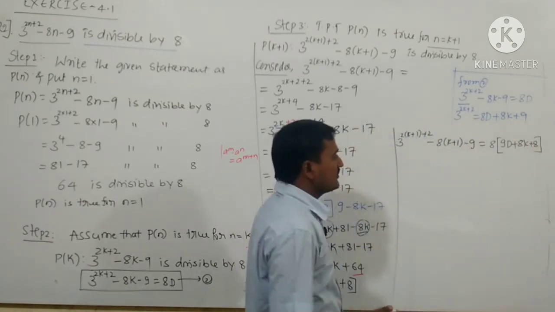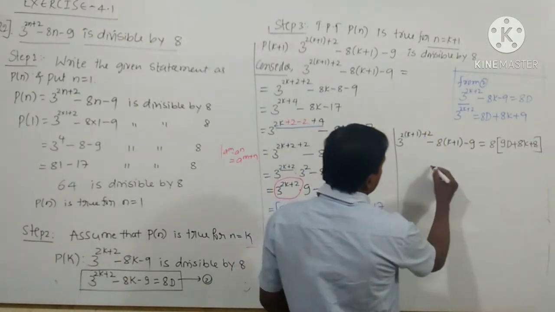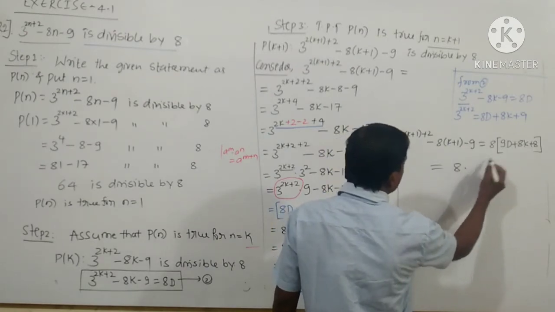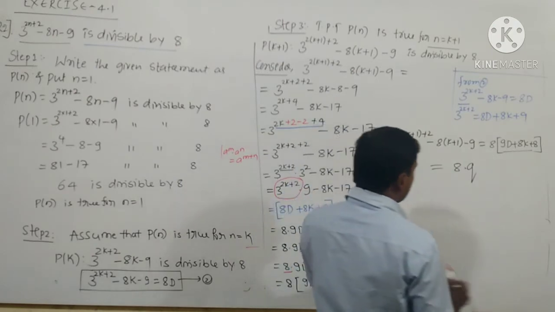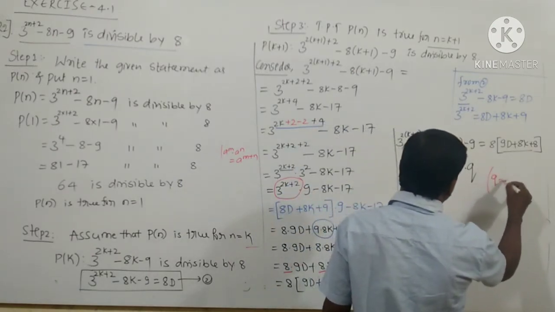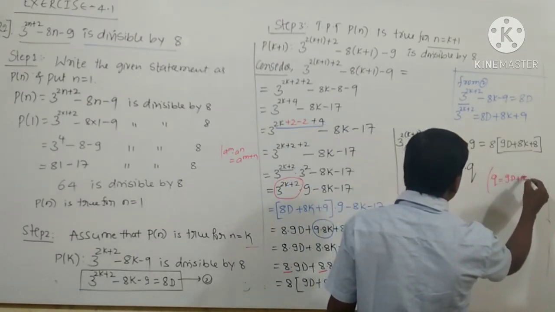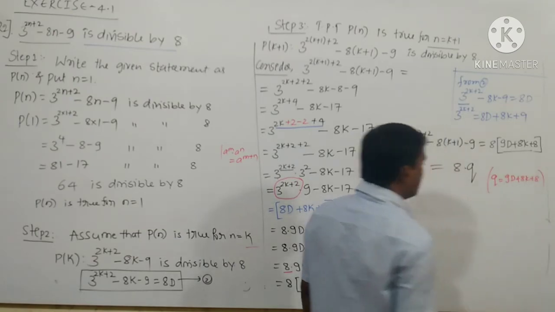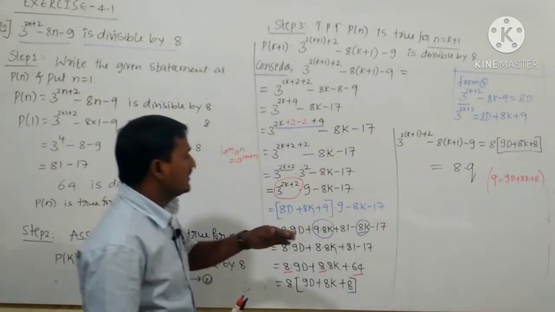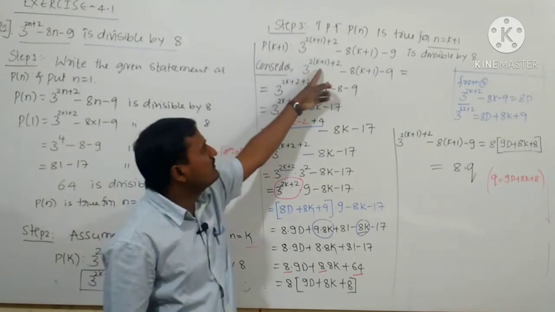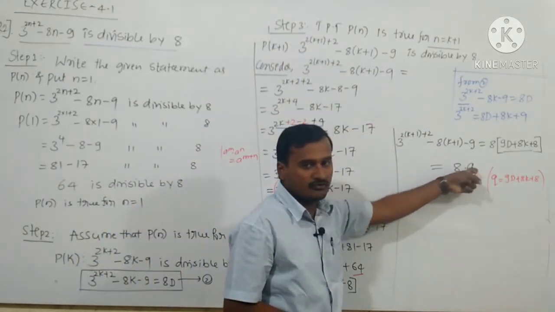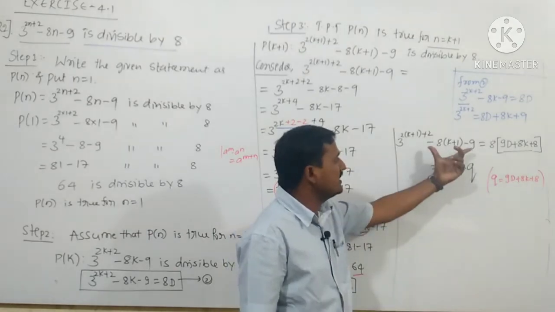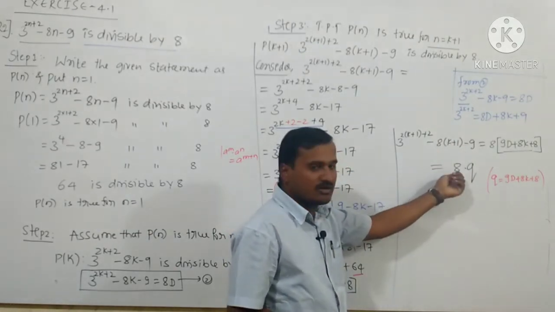So clearly this implies 8 into this number, that number is Q. So what is the value of Q? Q here I will take 9d plus 8k plus 8. So clearly after replacing the value of n by k plus 1, here you are getting 8 into Q. 8 into Q means clearly LHS is divisible by 8.